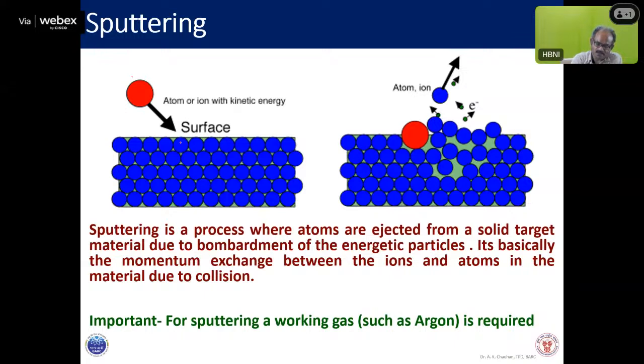They come and strike these atoms, and some of the atoms are removed from the surface, and then they go and get deposited on the surface of the substrate. For sputtering, a working gas such as argon is required.